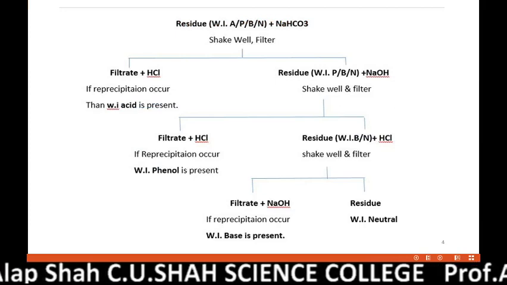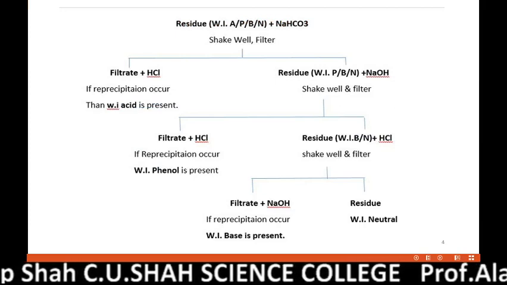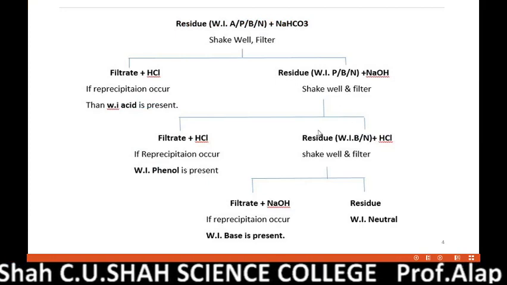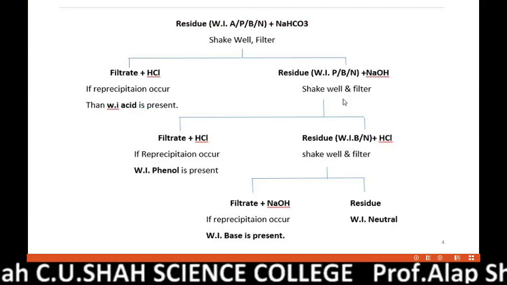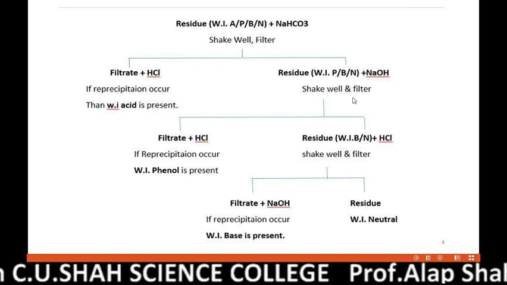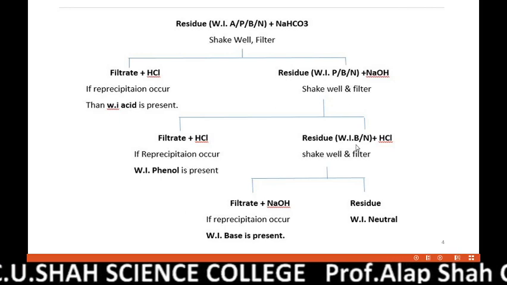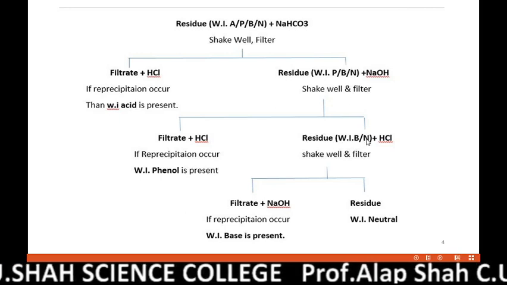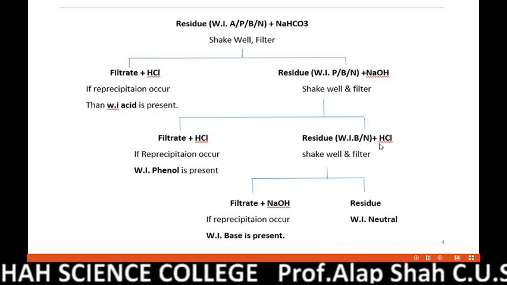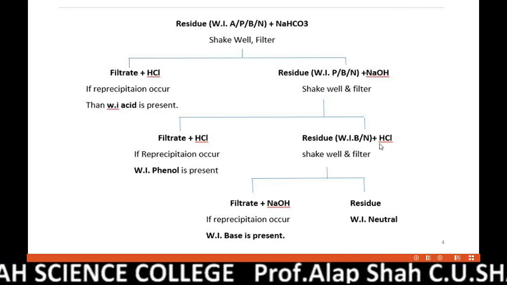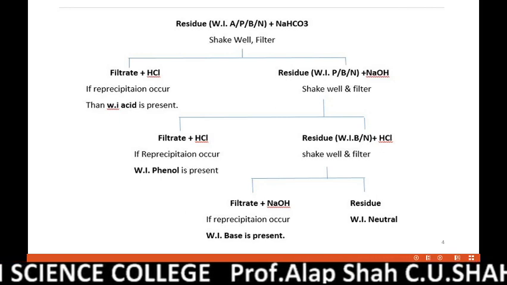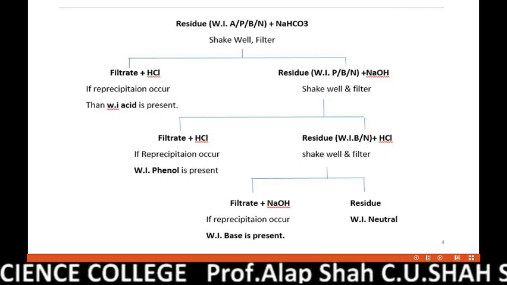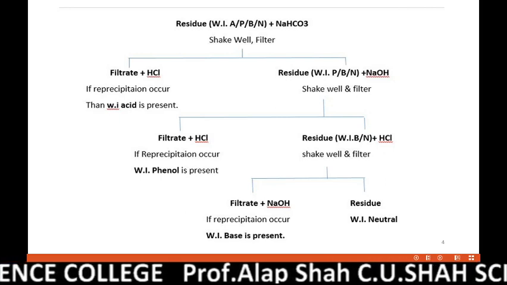So your base and neutral will be in the residue again, and this residue is again in the filter paper because you have filtered over here. So we know that base dissolves in HCl. So again we will make a new hole in the filter paper with the matchstick. We will add HCl. We will keep a new test tube underneath.